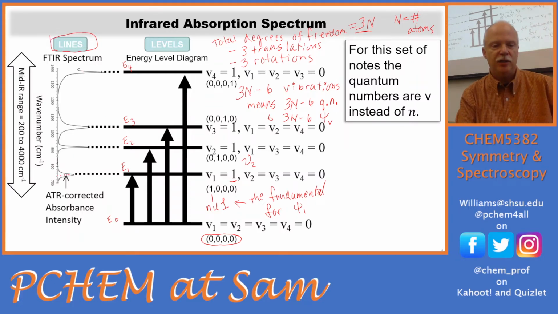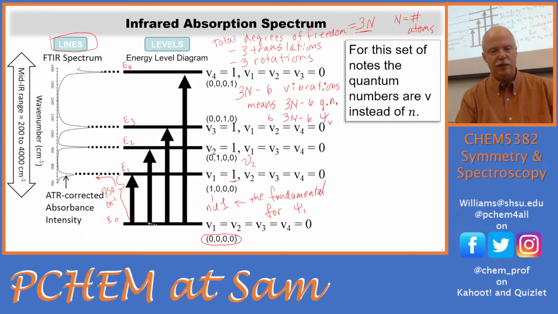This peak is showing up here with this difference at, looks like, 750 wave numbers, and that's what puts it right there on the spectrum.